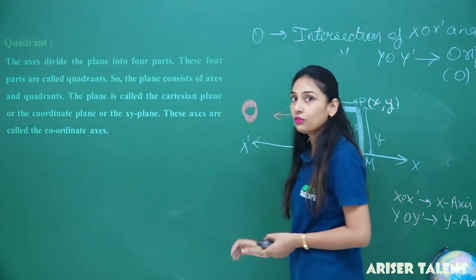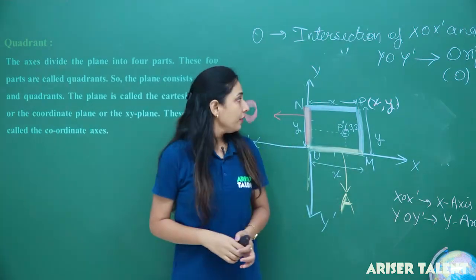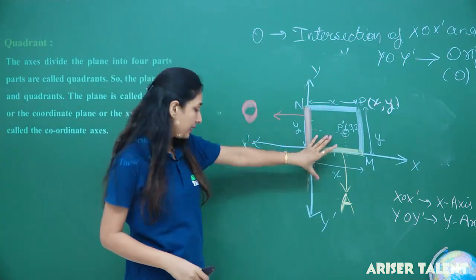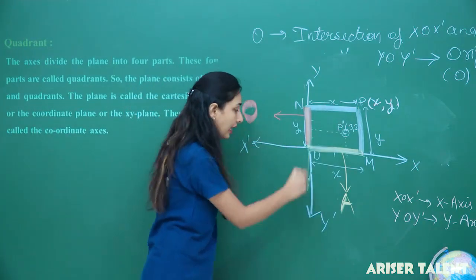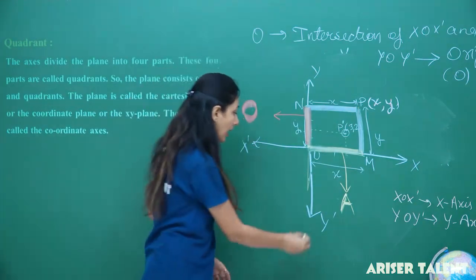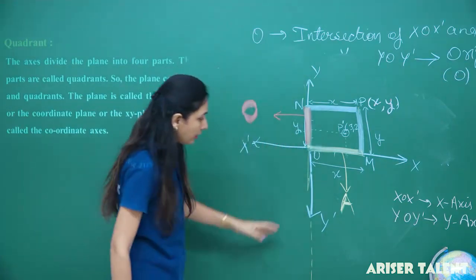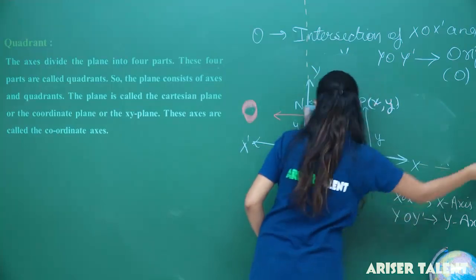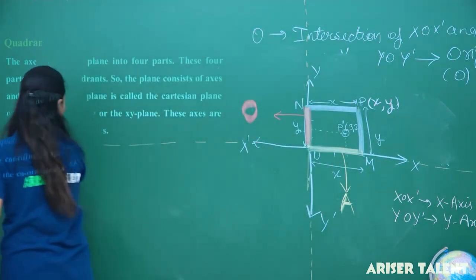Now, quadrant. What is quadrant? We have divided this plane. If you look at this plane, these are lines, and lines go to infinity. I can extend it here, here, and also right there.